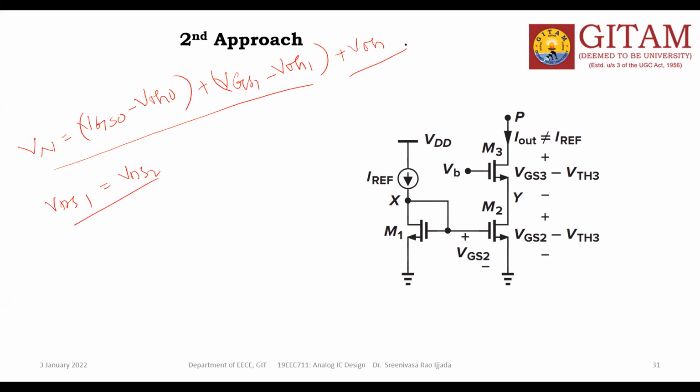Now I have considered the second method where VDS1 should be equal to VDS2. What is the difference? Earlier you said VDS2 should be equal to VDS1, now you say VDS1 should be equal to VDS2. Yes, there is a lot of change. VDS2 is the second transistor, M2. I don't know which parameters the M2 transistor depends on.